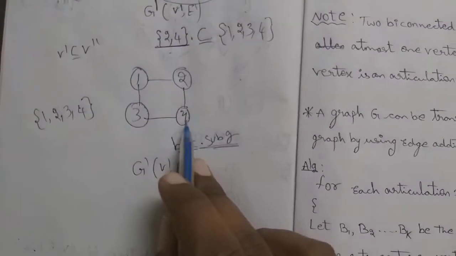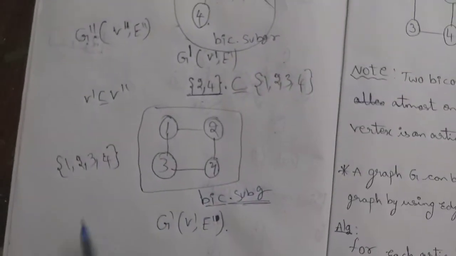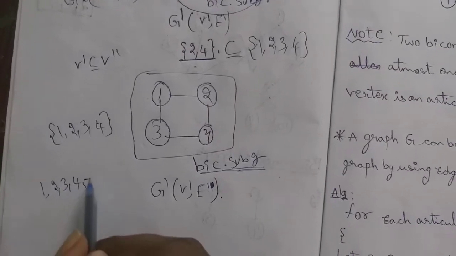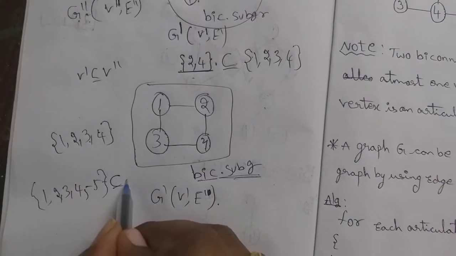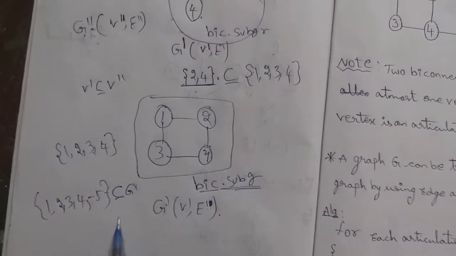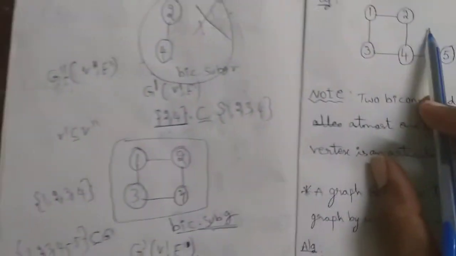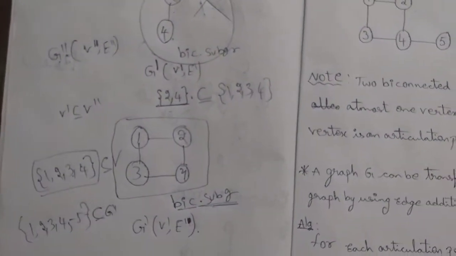This one is maximal. When should I say this is not maximal? I should have some other vertex set, like 1, 2, 3, 4, 5, that contains this vertex set. Do we have any other vertex set such that 1, 2, 3, 4 becomes a subset of it?